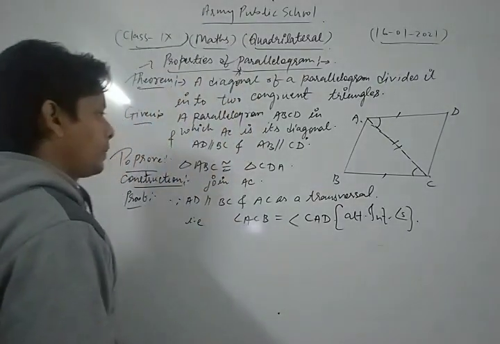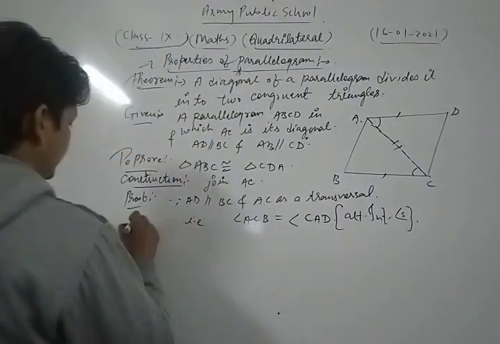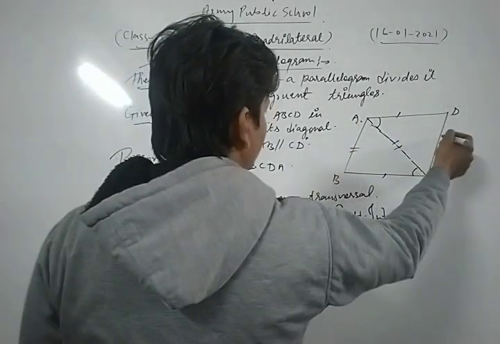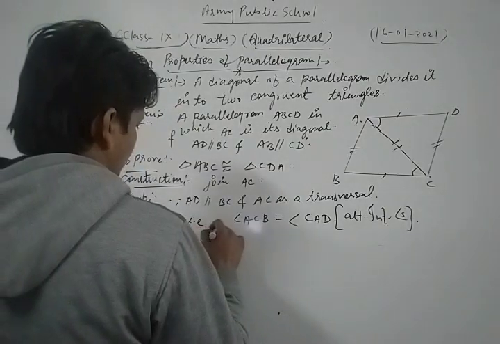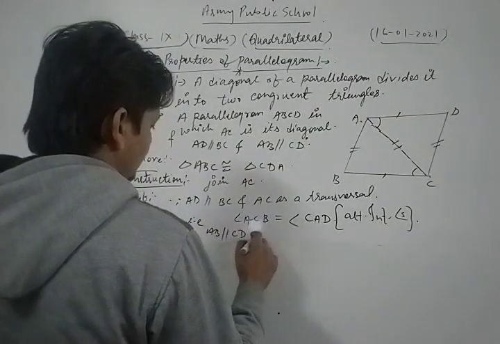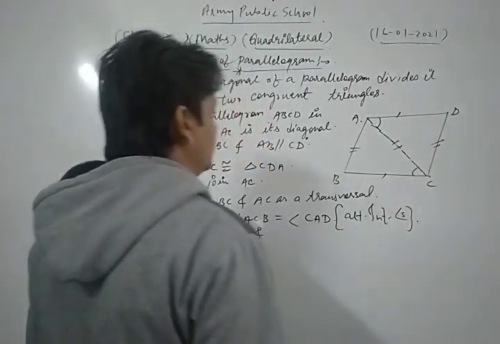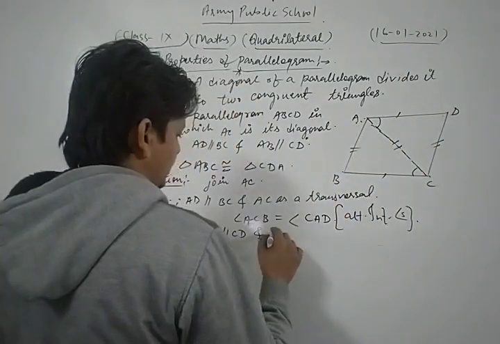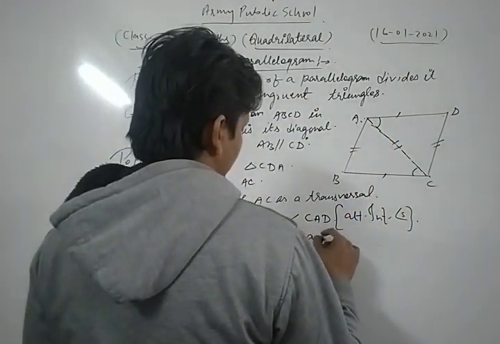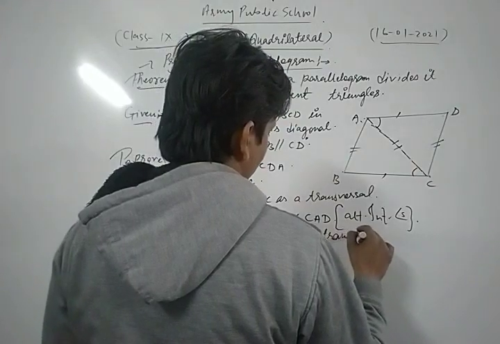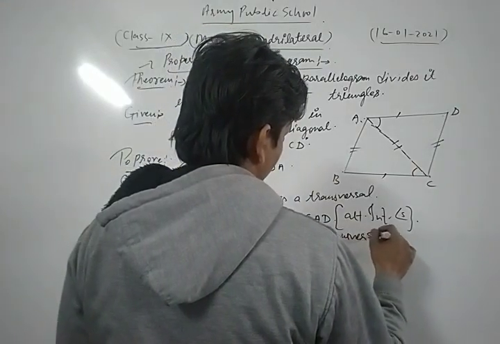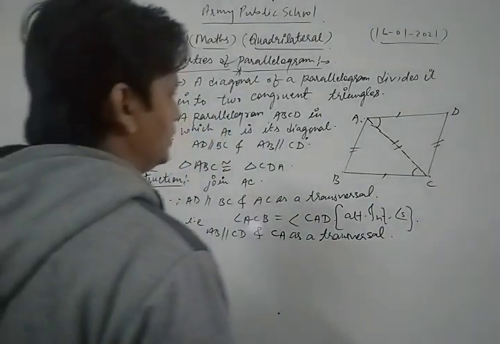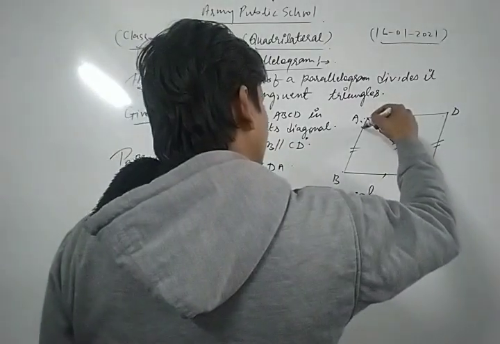Now again, AB is parallel to CD and CA is a transversal, that is, that angle is equal to that.